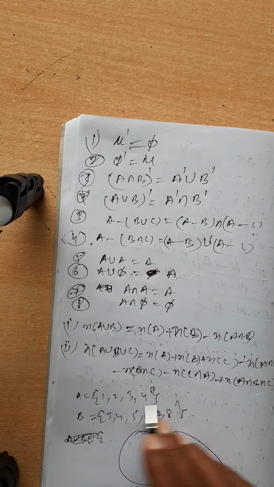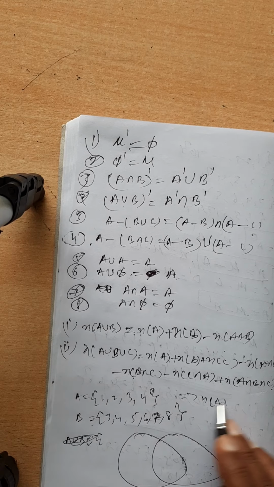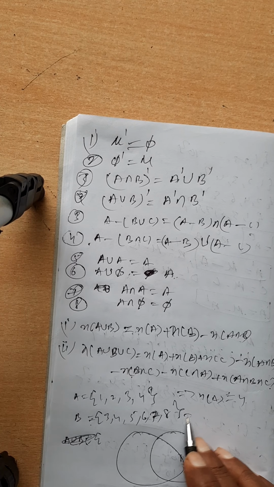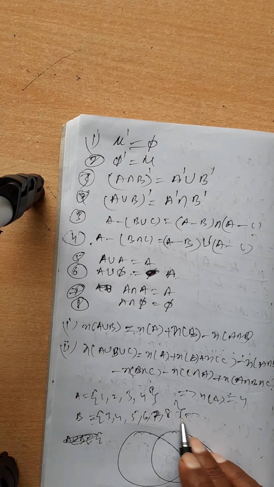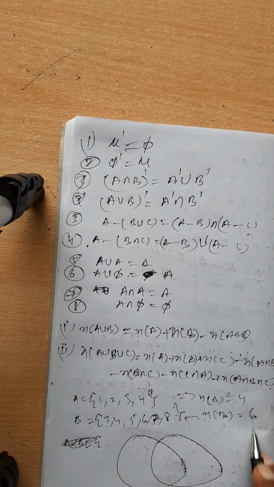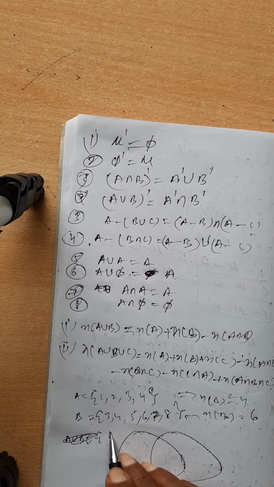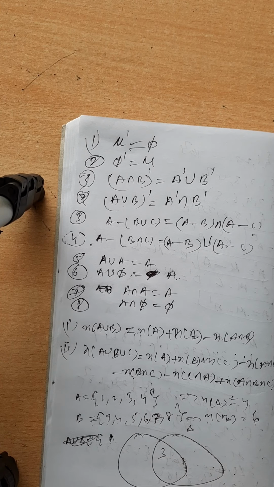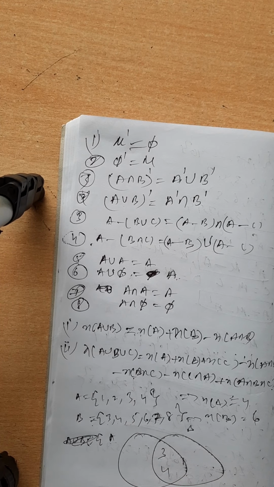N of A is how much? 1, 2, 3, 4: 4 elements. N of B is 6. If you write it here, in the intersection the common part we have to write first: 3 and 4. This is common.